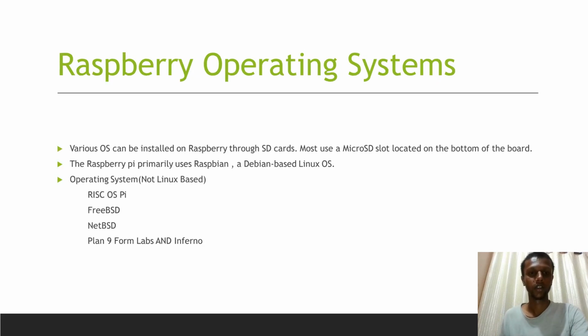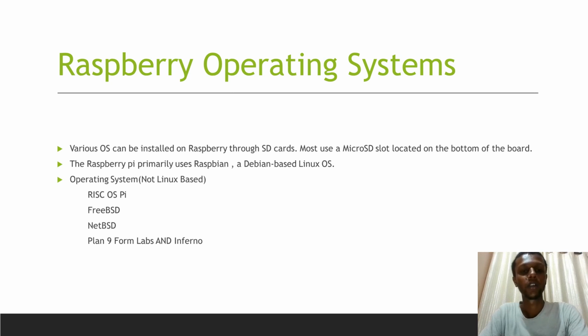Raspberry Pi operating systems: Raspberry Pi works under the operating systems below. Various operating systems can be installed on Raspberry Pi through SD cards. Most use a micro SD slot located on the bottom of the board.